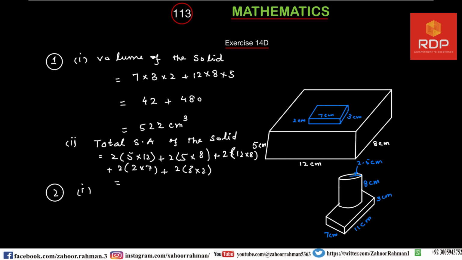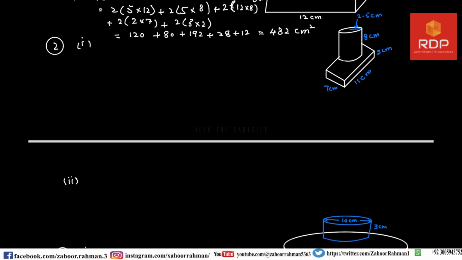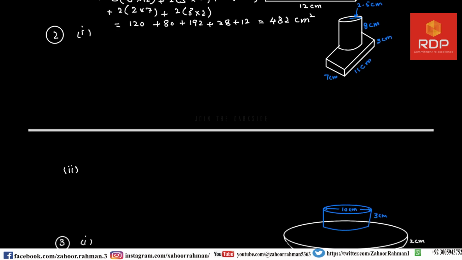Now in the first case we will get 120, in the second 80 and 192 plus 28 plus 12, and as a result we will get 432 centimeters square. That is the total story about the first part.